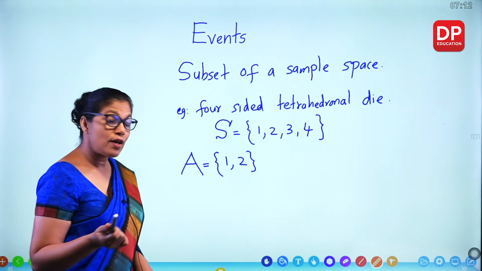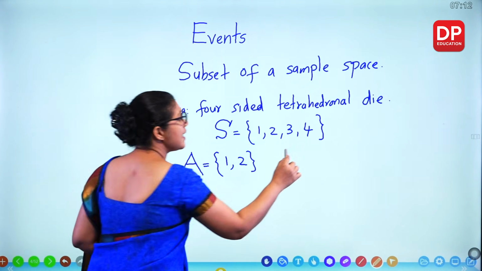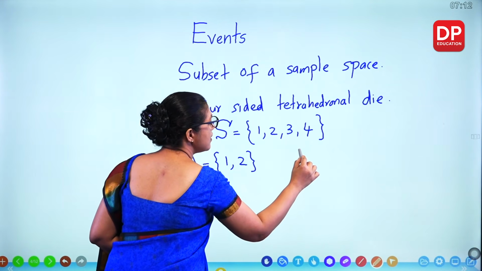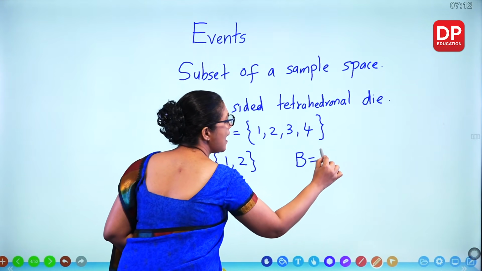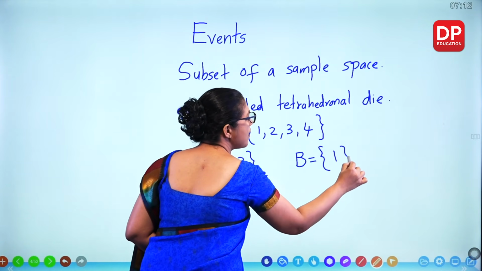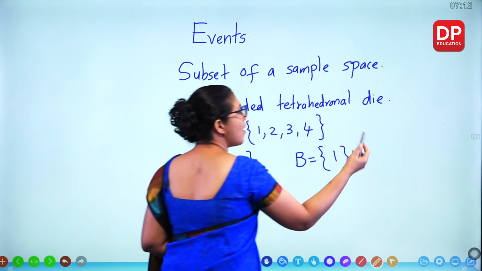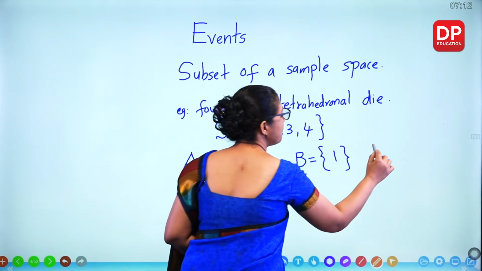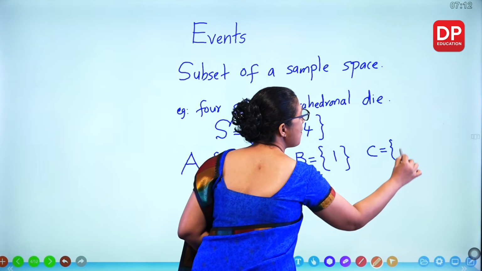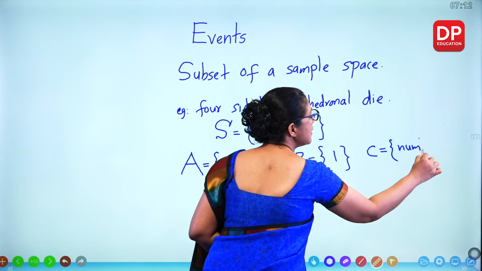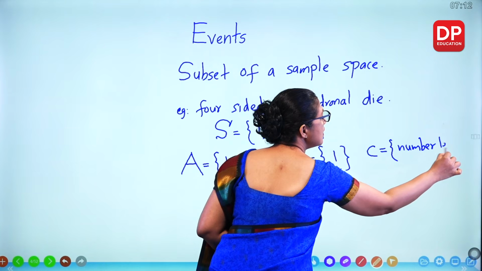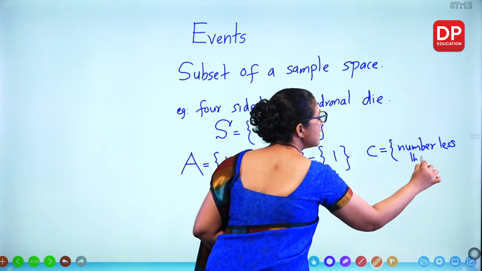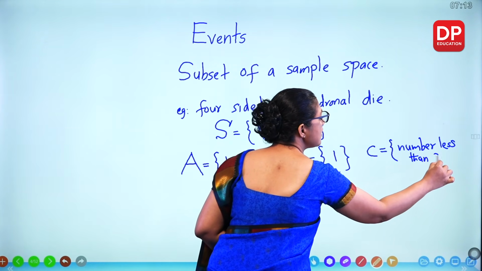Or if I want another event like getting 1, I can label it as B, getting 1. Or C, a number less than 3.